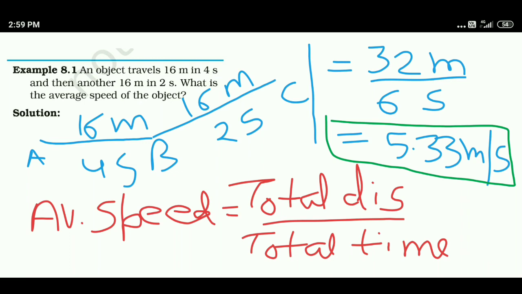By solving 32 by 6 we will only know the magnitude, and then here we can represent its unit. Okay, unit and symbol we have all learned in our previous video. Students, if you are watching this video for the first time, go through the previous video so you can feel connected. Every topic is by now clear.